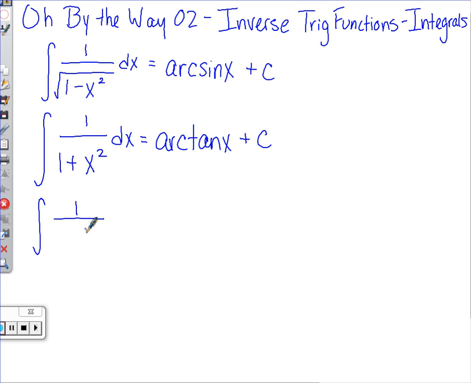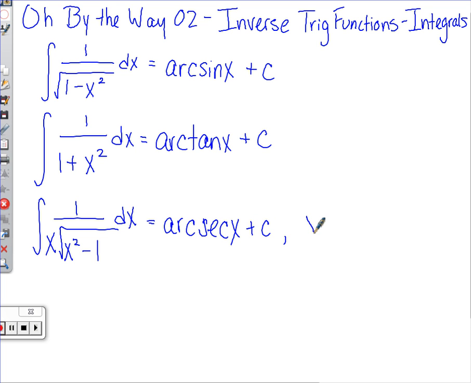When we use the arc secant, you will more than likely see it as x and not as the absolute value of x. That's okay. We don't make that distinction because usually in the problem what you'll end up seeing is this: arc secant of x plus c, and then they'll tell you x is greater than or equal to 0.